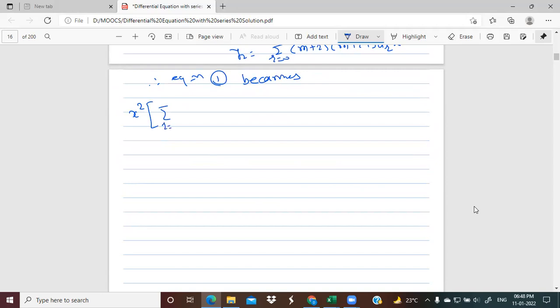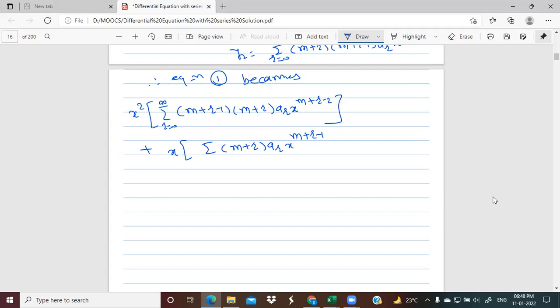Summation r equal to 0 to infinity m plus r minus 1 into m plus r into a_r into x raised to power m plus r minus 2, plus x into summation m plus r into a_r into x raised to power m plus r minus 1, plus x square minus n square into y. Y is summation a_r into x raised to power m plus r.